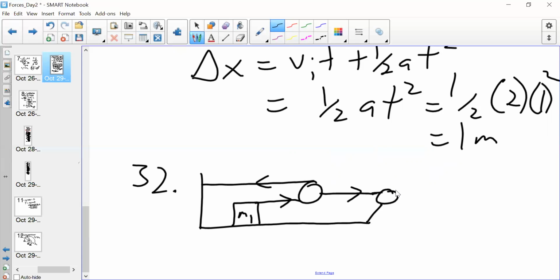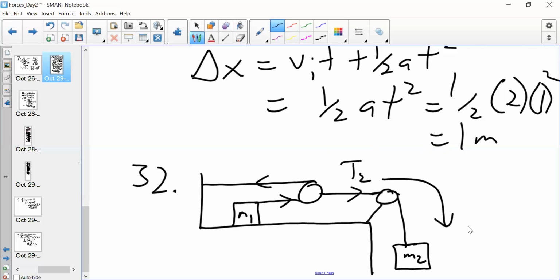Okay, we had T2. This string is going to be common to the second mass, the second pulley. And the supposition or the claim for 32 is that this is A2. Let me see if I can.